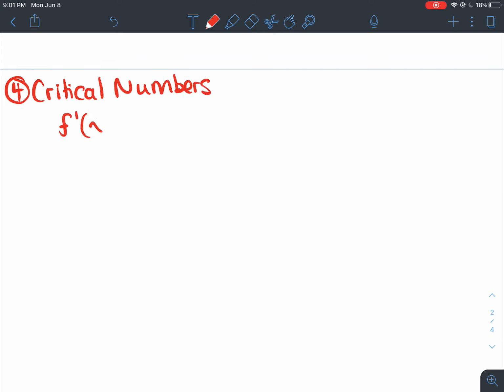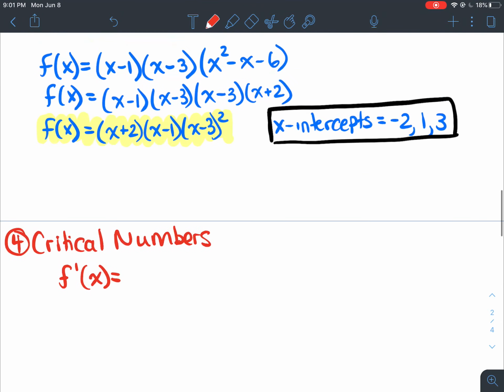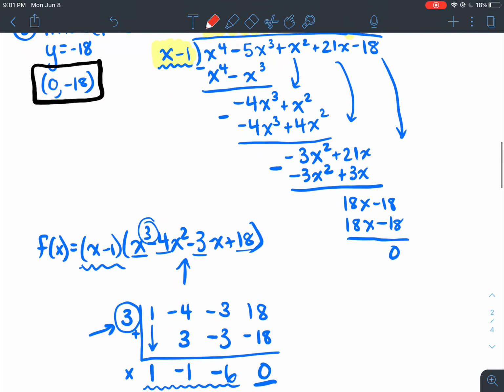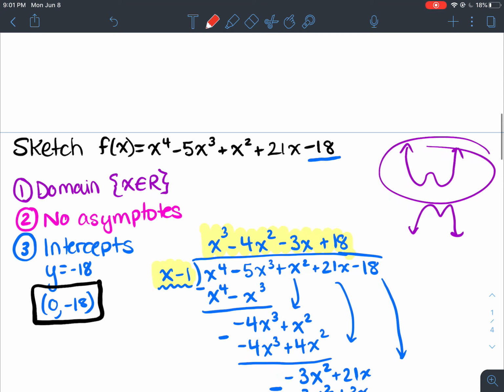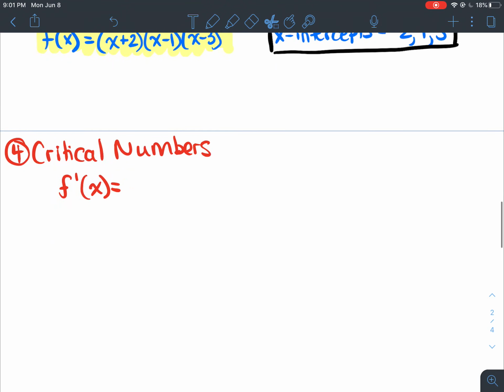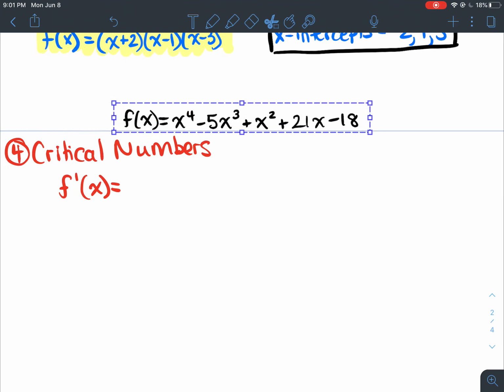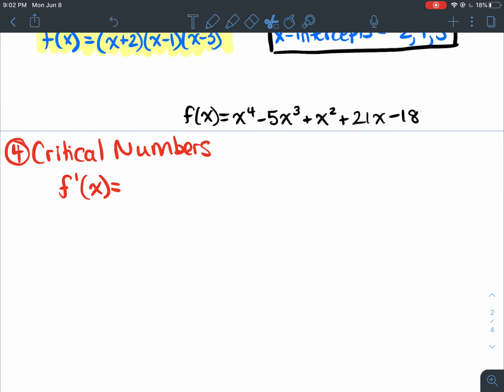So f prime of x is equal to, I'm going to take the derivative of not the factored one. That would be a nightmare. Okay, so let me just copy this equation. Just going to pop it there for reference.